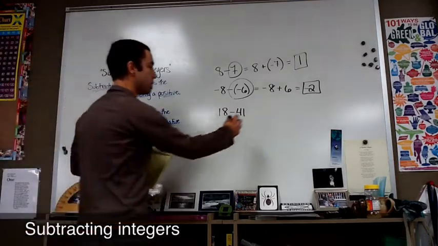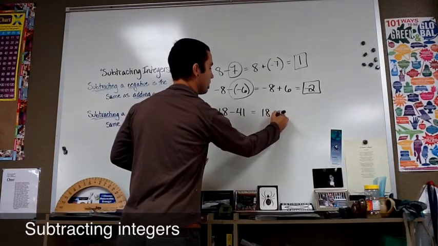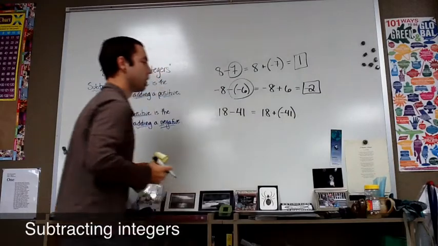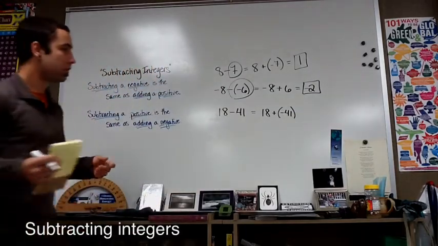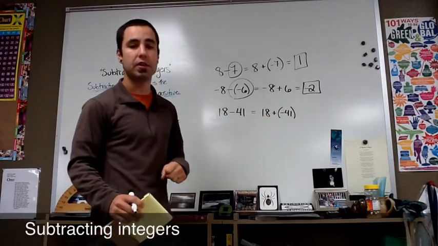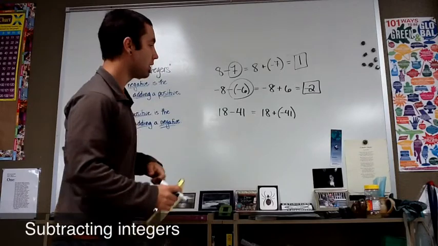So let's rewrite it. Okay. So there it's rewritten. Now I know that I have different signs. I need to find the difference. I need to find what's between a 41 and an 18.